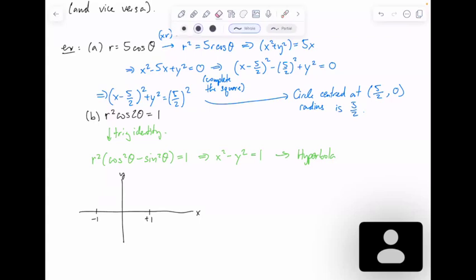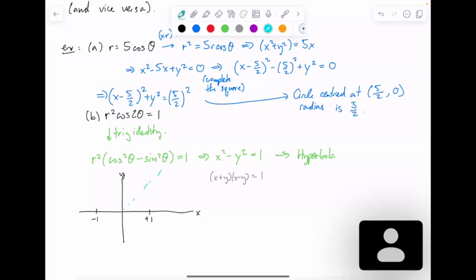This is a complete digression, but you could also write this as x plus y, x minus y is equal to 1. That's just how you factor x squared minus y squared. And so you see there are two asymptotes here: the line y equals x, and the line y equals minus x, which I'm trying to draw dotted.